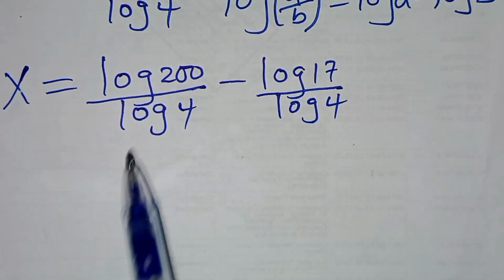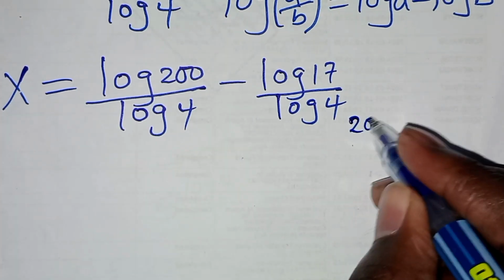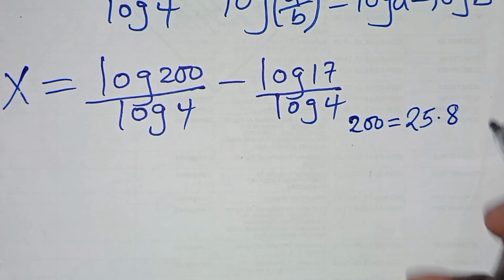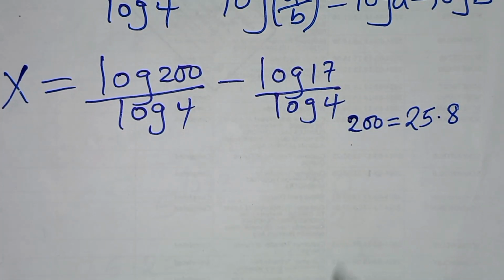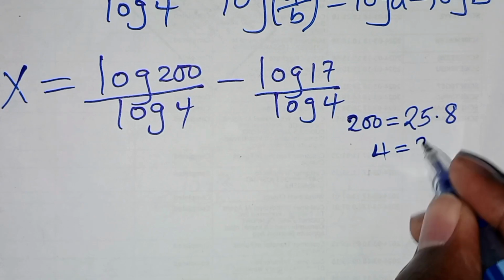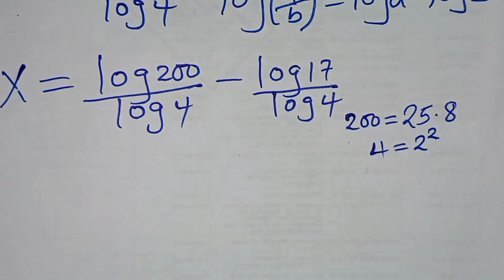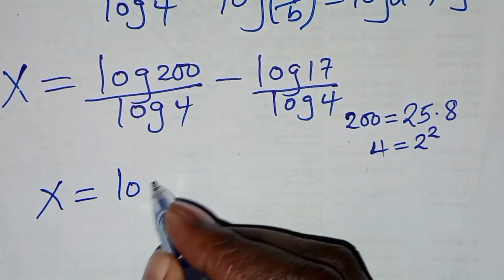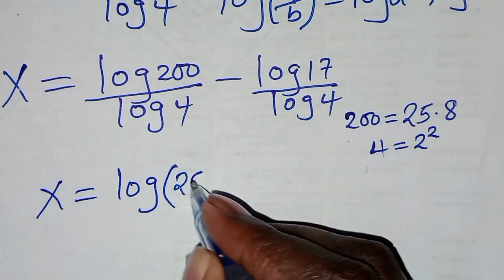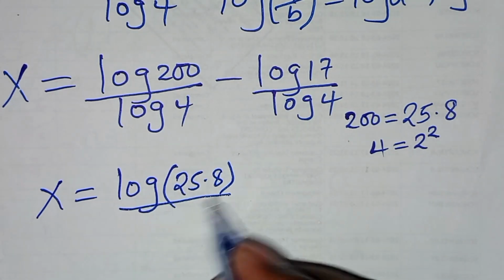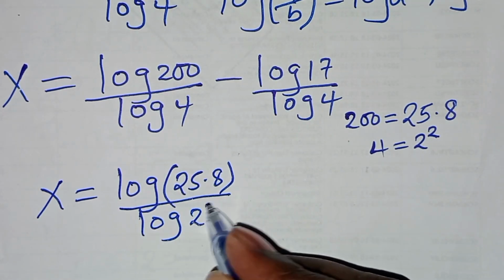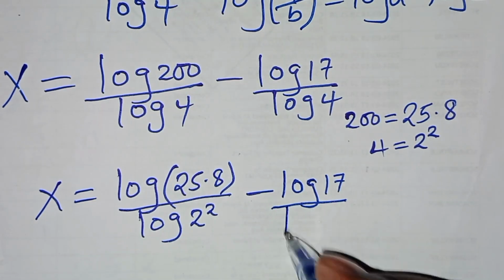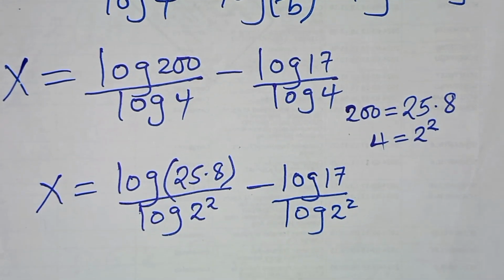The next step, we can express 200 as 25 multiplied by 8, and we can express 4 as 2 to the power 2. So substituting this, x is equal to log 25 times 8 divided by log 2 to the power 2, subtract log 17 divided by log 2 to the power 2.